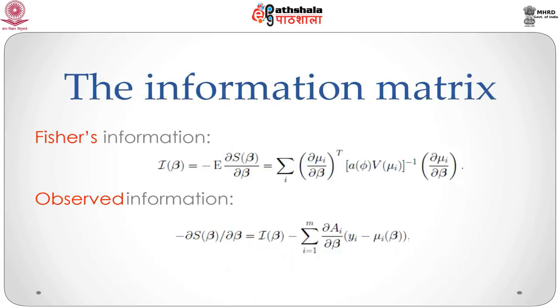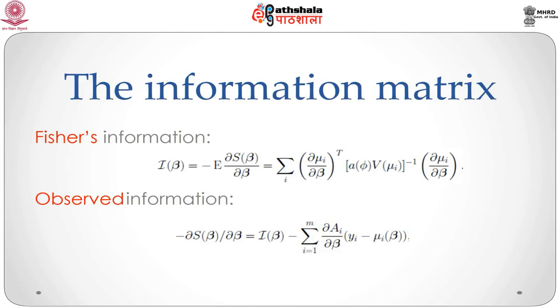The information matrix has the following expression. Fisher's information, which is minus expectation of del S(beta) del beta, is equal to summation over i of del mu_i del beta prime, a(phi) v(mu_i) whole inverse, del mu_i del beta. Of course, for purpose of inference, we would replace beta by the estimated beta hat.